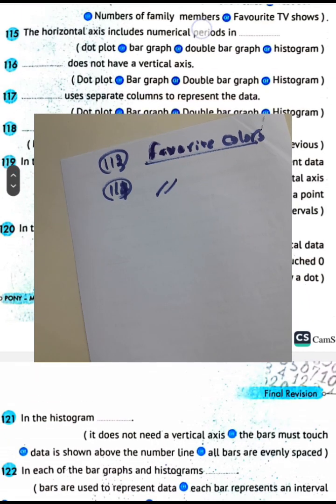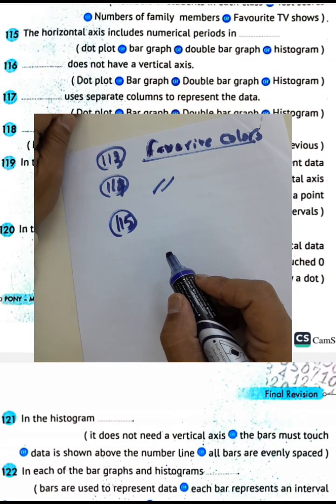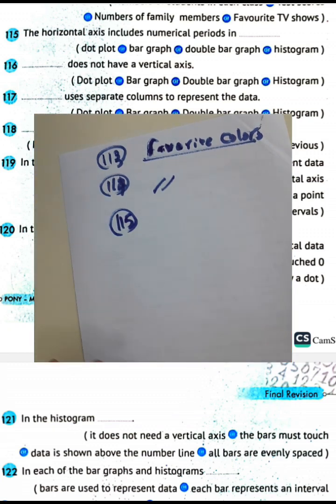Question 115. The horizontal axis includes numerical values in what? We have histogram, bar graph, dot plot, and double bar graph.